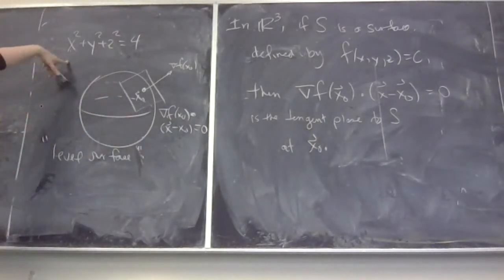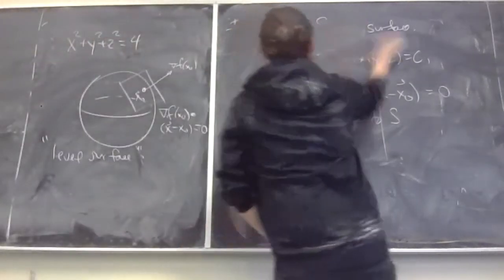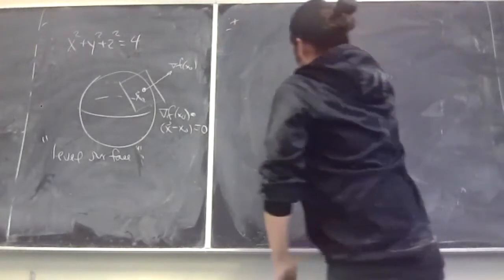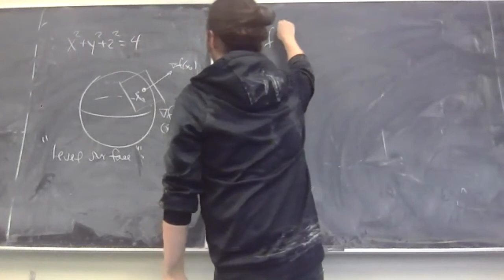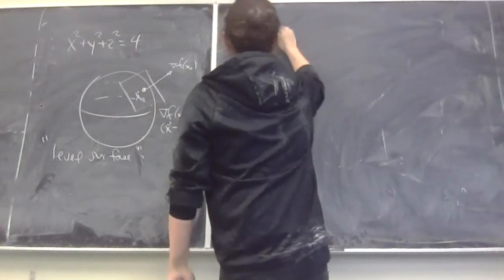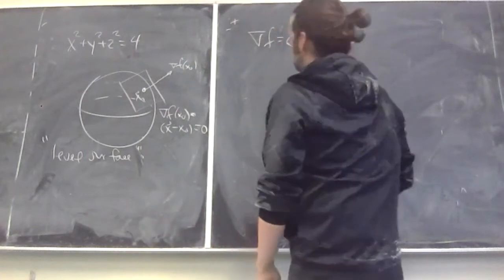So that means if I want a tangent plane for this function, I can just do this. The gradient of f is equal to 2x, 2y, 2z.